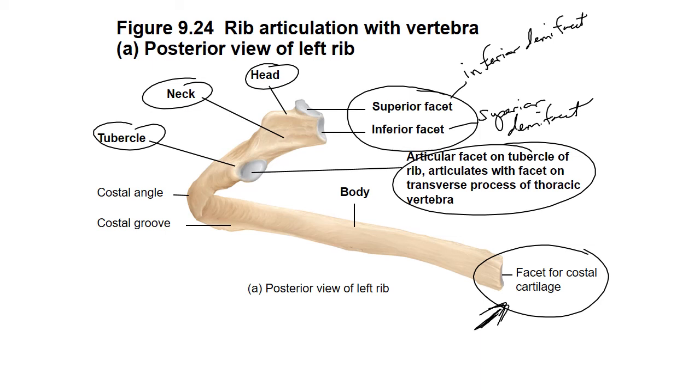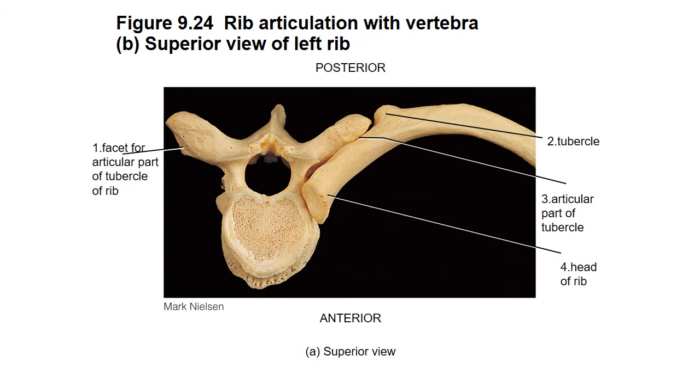Next slide. So here's how it fits together. You have the head of the rib, the articular part of the tubercle, and the tubercle of the rib. And here's a facet. Number 1 is the facet for the articular part of the tubercle of the rib. So a rib comes in and touches this vertebra. There'll be another vertebra on top of this one, and so the head of the rib has 2 facets on it.